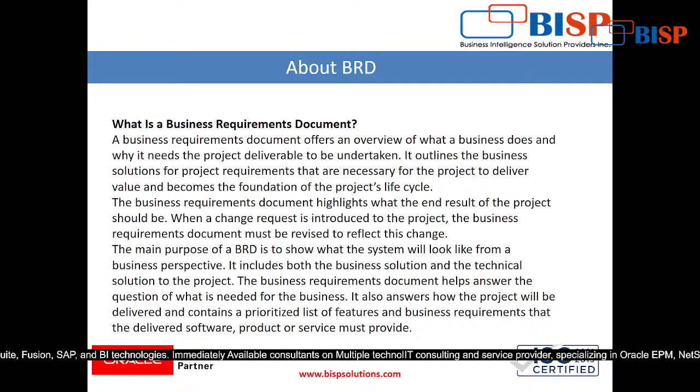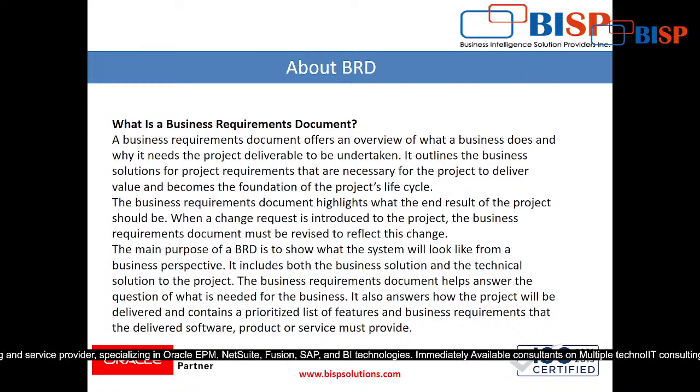The main purpose of the BRD is to show what the system will look like from a business perspective. It includes both the business solution and the technical solution. The business solution is, for example, that they want approvals. The technical solution means exactly how it will be done in the back end by the developer. Many times the client says they want a certain percentage discount for a particular customer.